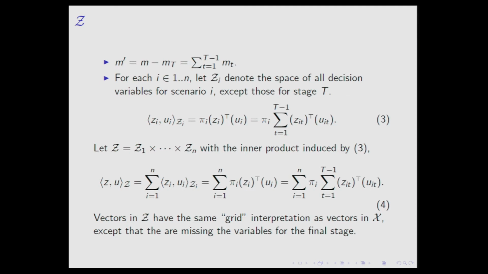So the other thing we need is an operator to make the notation work. And this is sort of important to thinking about optimization under uncertainty. The final stages are special. So in the final stages, you're going to know everything you're going to know, and your decisions at that time can depend entirely on the scenario. At all previous stages, your decisions can only depend on the information you know up until then.